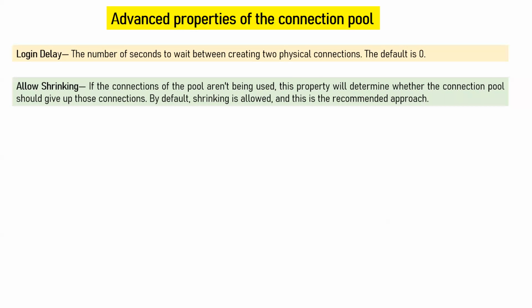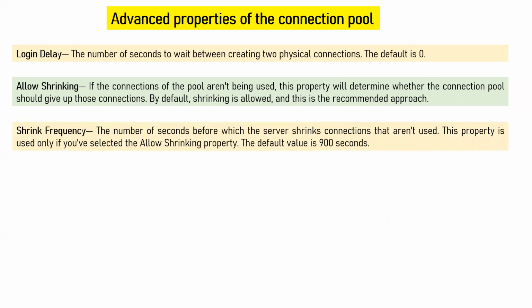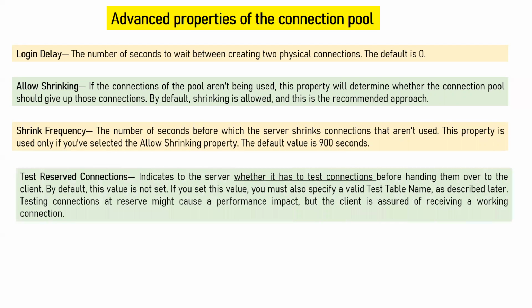Shrinking is when you have a certain number of connections in your pool that are not in use, then you should allow shrinking of your connection pool to free up the resources of your server. When you enable allow shrinking, you then have to define the shrink frequency as well, meaning how many seconds it waits before it looks at the data source and goes for the shrinking. The default is 900 seconds.